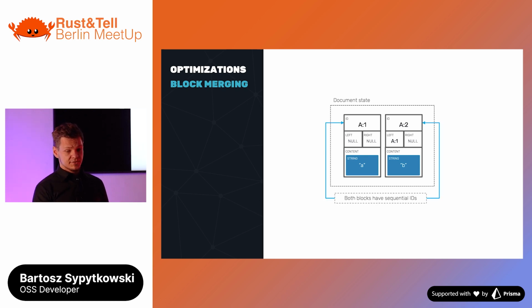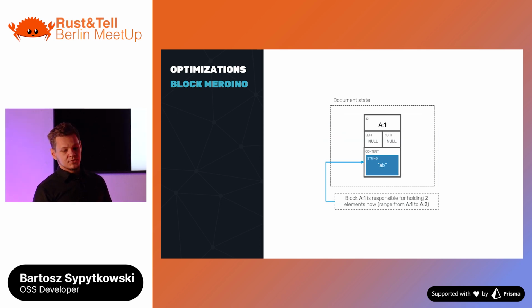We can detect this because we see that one character has a sequence number for the same client happening after its left neighbor, and that this left pointer is pointing to A1, which means that the intention was to insert those two characters sequentially and that they were committed sequentially. So we can potentially merge them together, because later we will be able to split them in the same way.